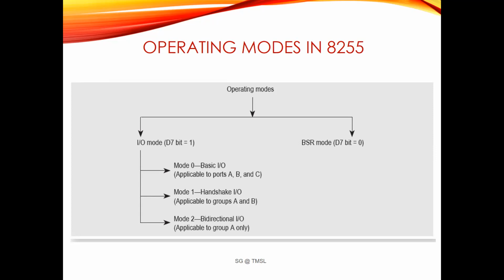This chip has to be programmed to configure its operation every time before using it. The configuration is done by the control word, which tells the 8255 whether the ports are input, output, bidirectional or strobed input. Everything is defined in the specific control word.